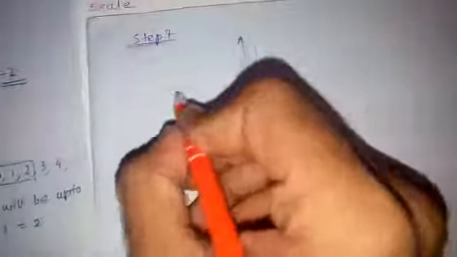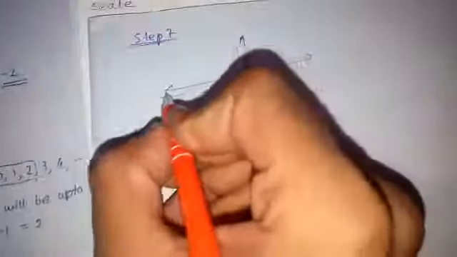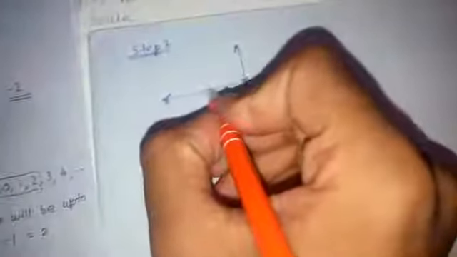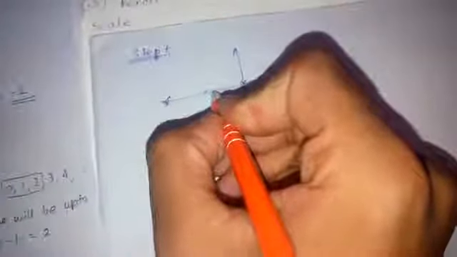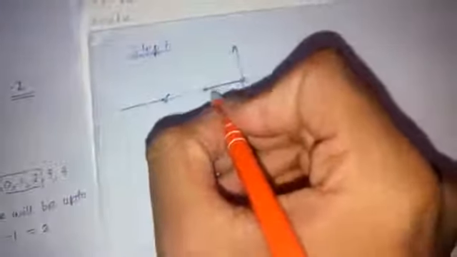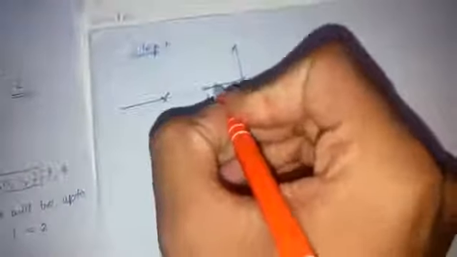We will skip step 7, and roughly make a root locus like this. Here is one pole, here is one pole, and here is one pole, and there lies the root locus, and there also lies the root locus. Our centroid point is -2, this is our centroid point.